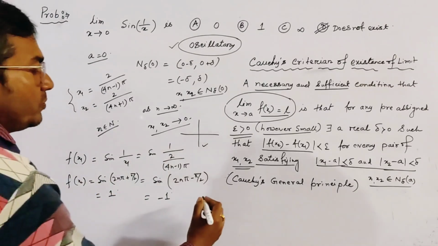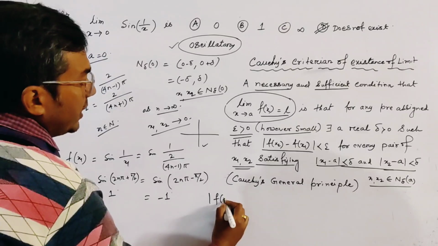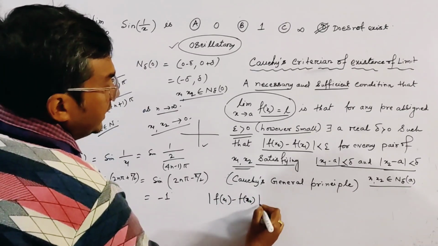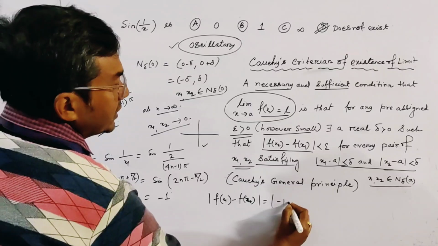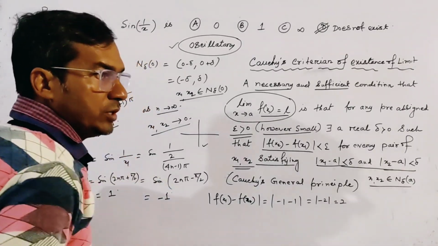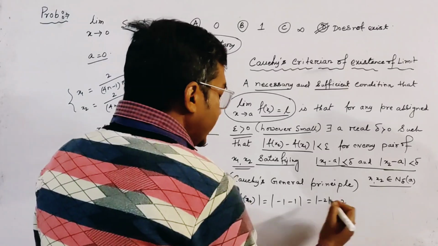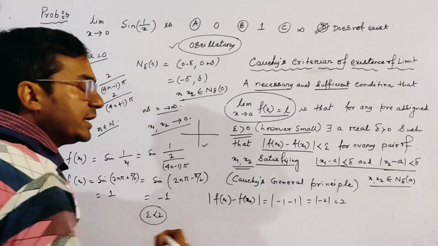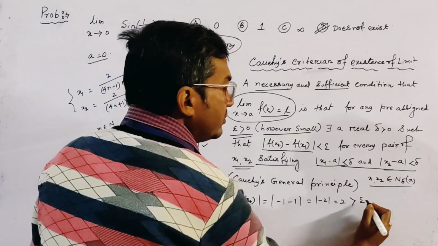Now, if we find the value of f of x1 minus f of x2, we get minus 1 minus 1, so the modulus of minus 2 is 2. Clearly, if we take epsilon less than 2, then this value is greater than epsilon.